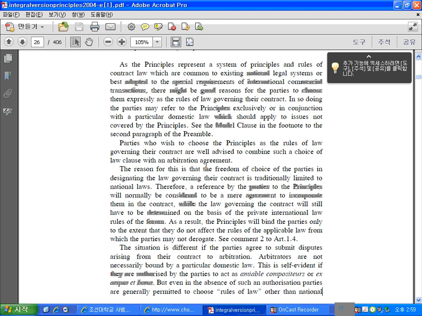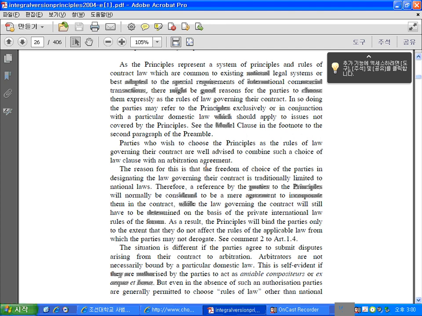The reason for this is that the freedom of choice of the parties in designating the law governing the contract is traditionally limited to national law. Therefore, the reference by the parties to the principles will normally be considered to be a mere agreement to incorporate them in the contract, while the law governing the contract has to be determined on the basis of the private international law rules of the forum.